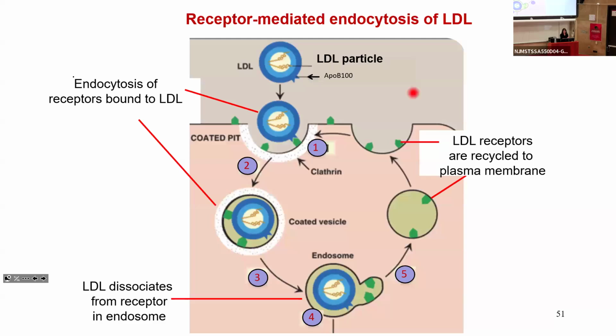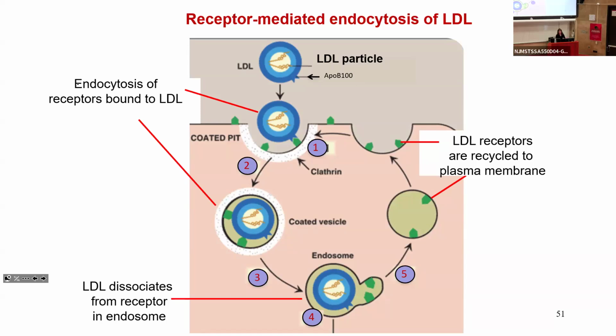Because it's not being taken up as it should be. On top of that, because it's not getting taken up, the cell doesn't know that cholesterol is available. So it will keep making cholesterol through that HMG-CoA reductase pathway. So you're making more cholesterol, you're leaving it more on the outside, and that's where trouble really occurs.